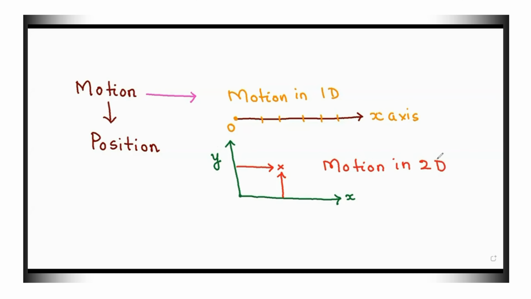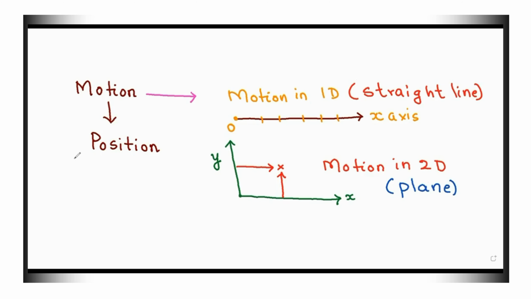That's our next chapter. So, if only one dimension is needed to explain the motion of an object, we call it motion in one dimension, also called motion in a straight line. And motion in 2 dimensions, we also call motion in a plane.